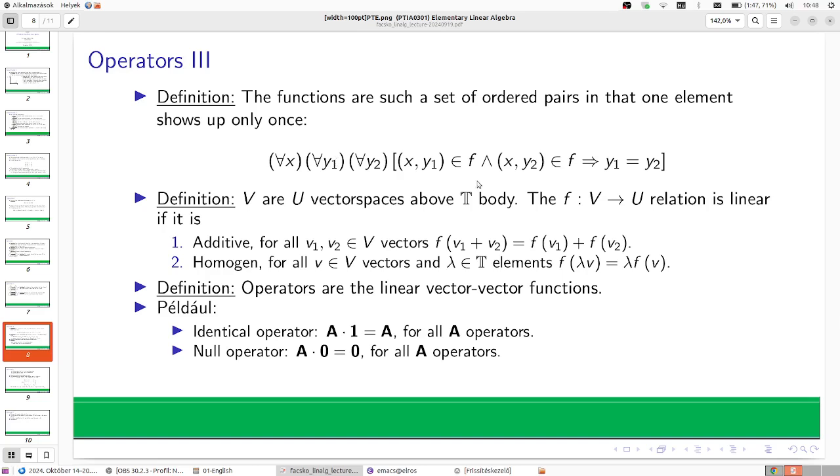This function is the same that you learn in the Descartes coordinate system. It's just better if you give an exact definition for this.